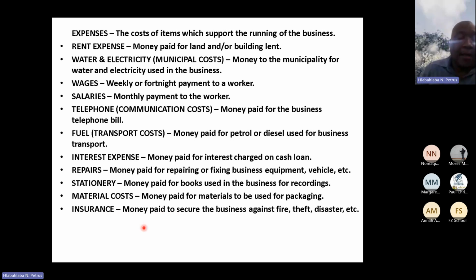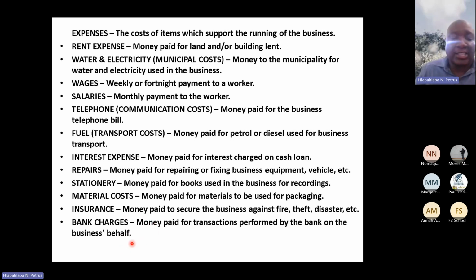You remember, we must have insurance in the business so that we can safeguard our equipment, vehicles, and buildings, so that if anything happens, we know that we have insured those assets of the business. And then bank charges, money that we pay to the bank because we are using that particular bank. They charge us monthly when we make transactions. So it falls under bank charges.